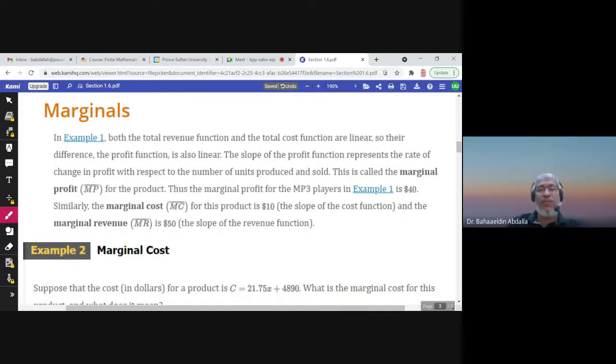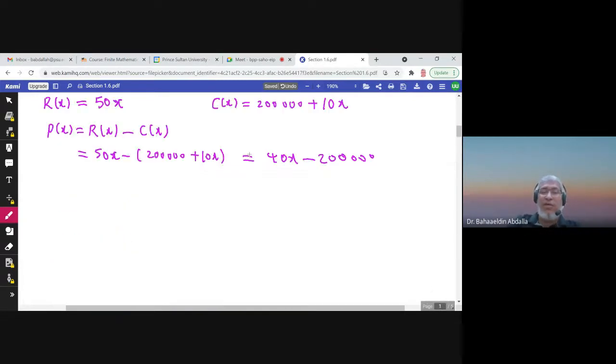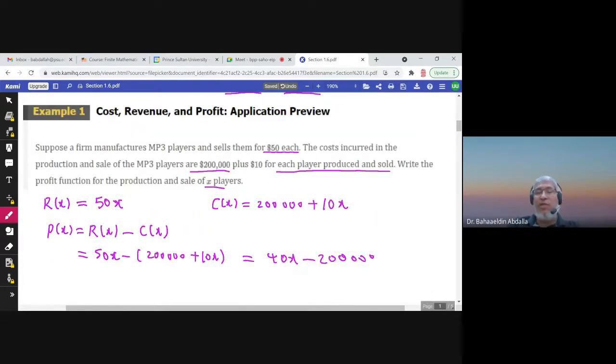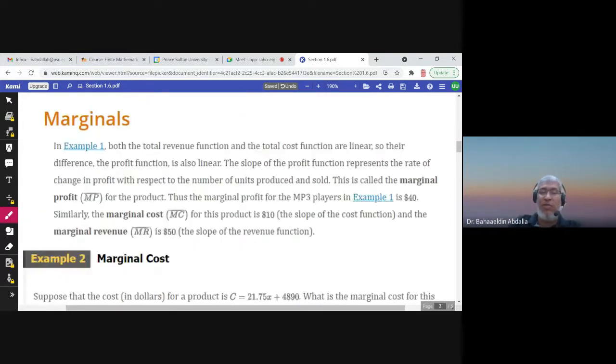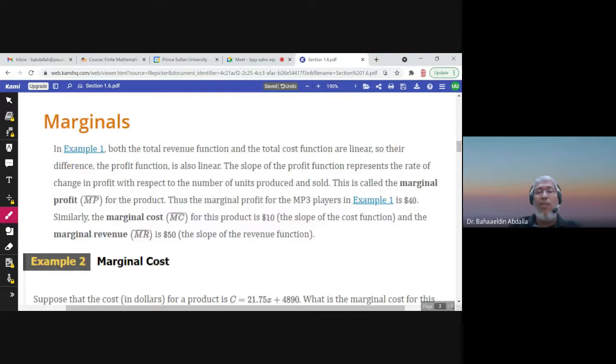Marginals. We have seen here that we are dealing with linear functions. The cost is linear, the revenue is linear, the profit is linear. The slope of the profit function is called the marginal profit.